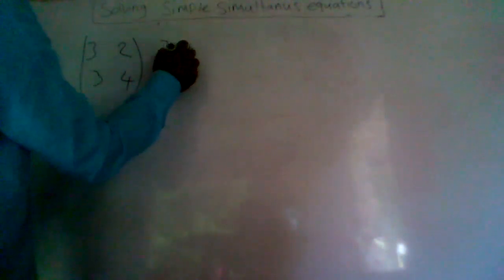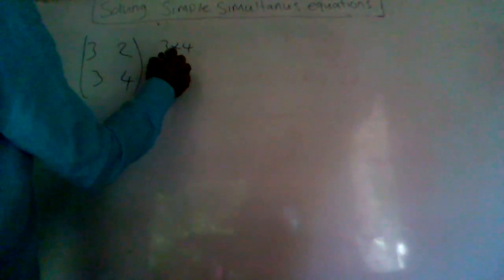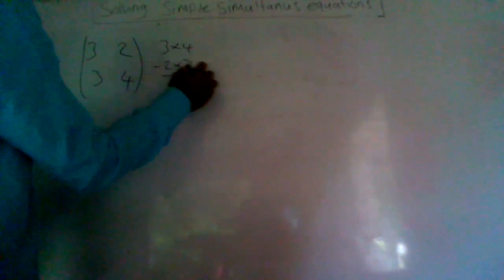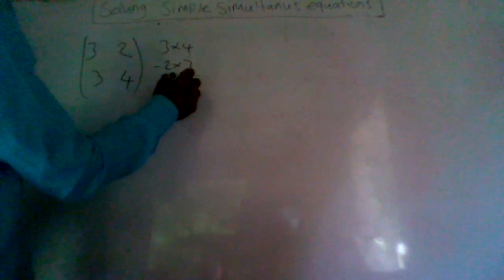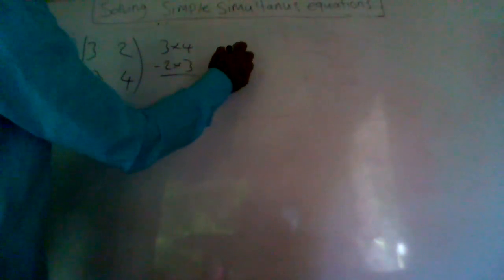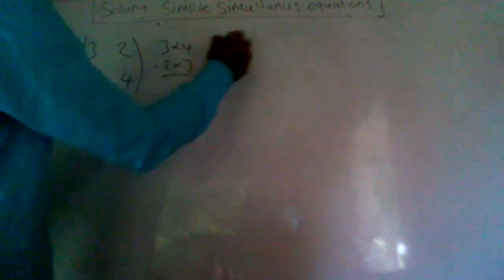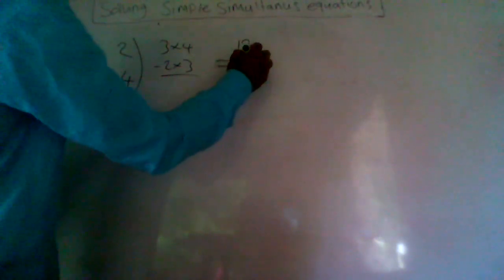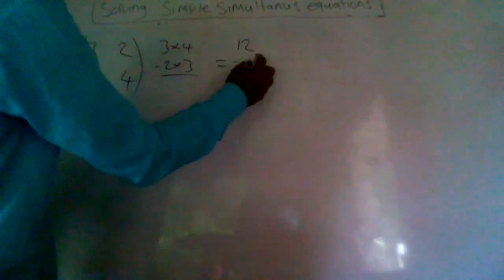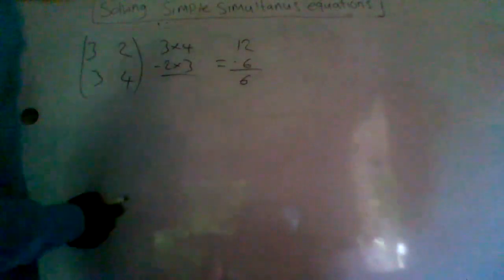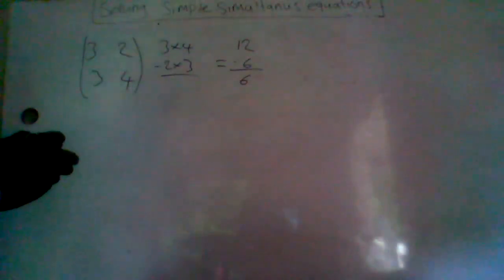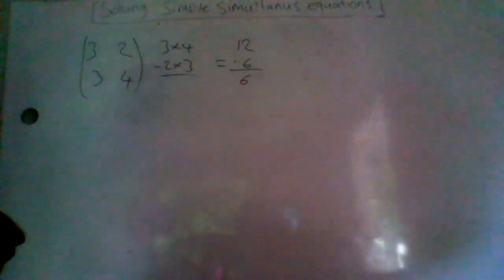So it will be 3 times 4 minus 2 times 3, and that will be equal to 12 minus 6. And 12 minus 6 will be equal to 6.